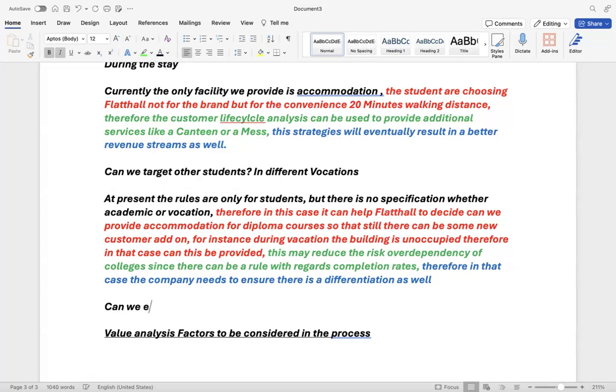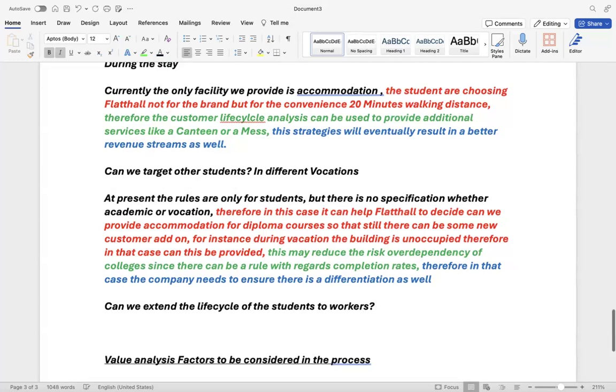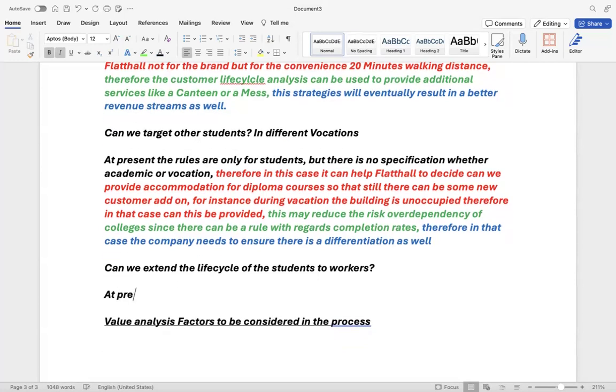Now students, the next thing: can we extend the life cycle of the students to workers? It's another question. At present, the current students will end up as workers.